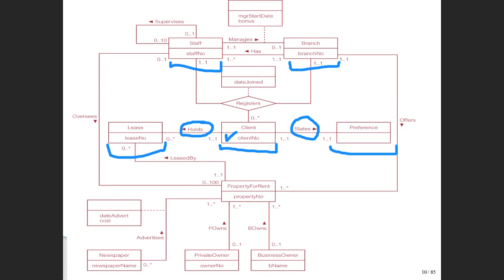State what? Another entity, preference. And what is the other relationship? It's more complicated, right? And you as a user will not be aware of all these things. This is another structure, a community structure about all the data stored in the database.